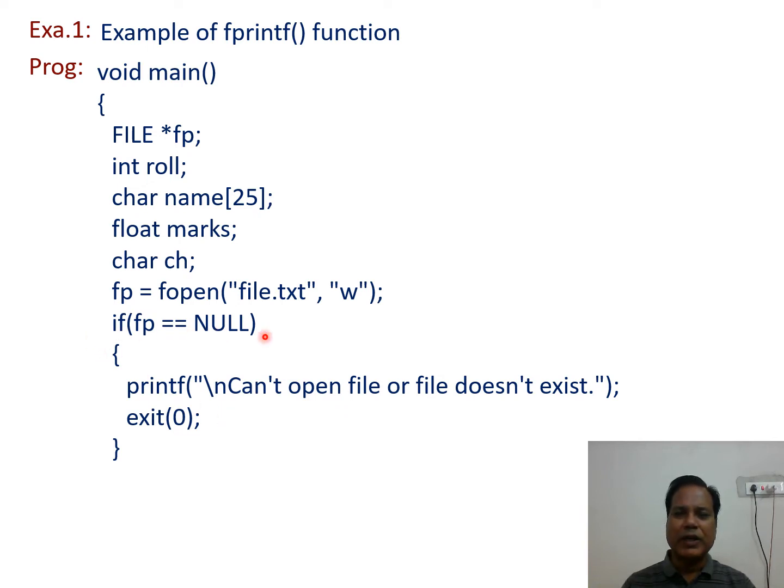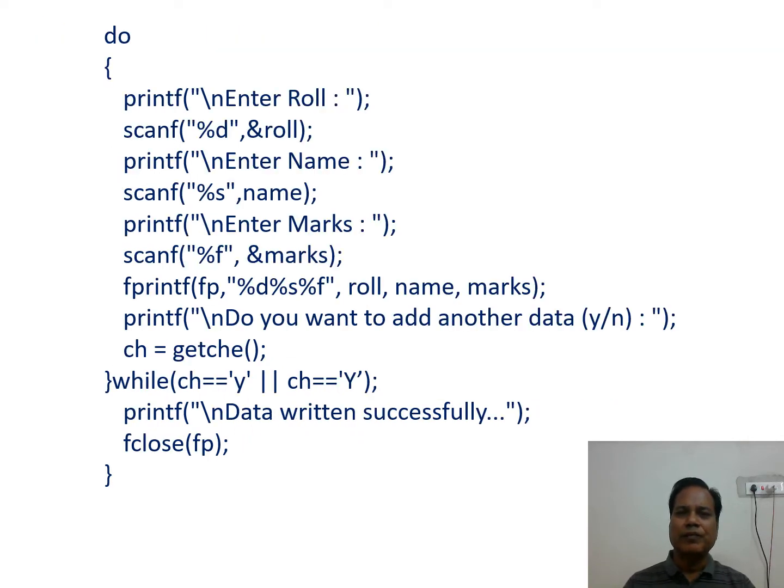If this condition is false, then control goes to the next statement, which is the do while statement. In the do part, printf "Enter roll number" prints this message on the output screen, whereby the user enters the roll number that is taken in and stored in the integer variable roll by the scanf function.